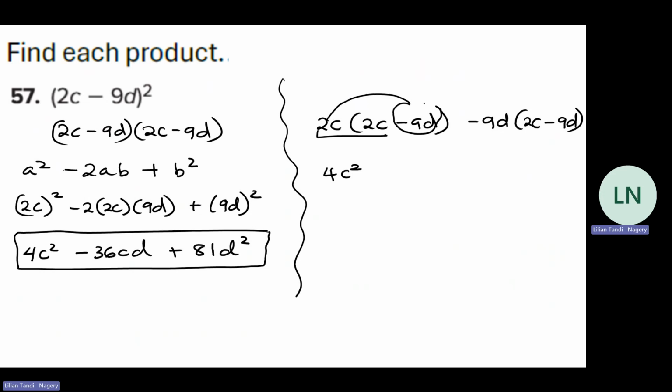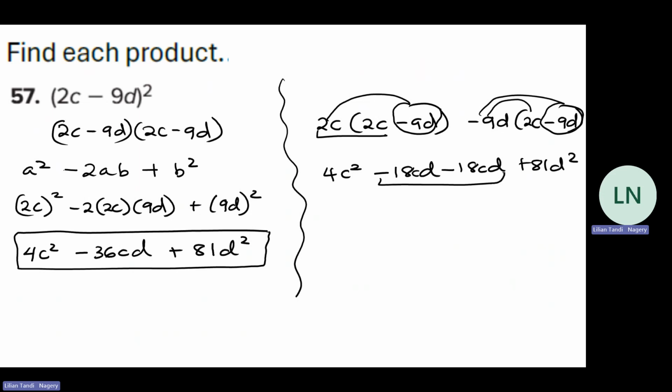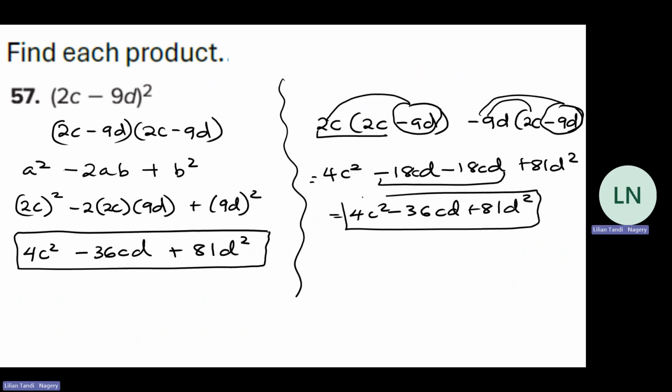This and this becomes negative 18cd, not just d, cd, because there's a c over here. And that becomes positive 81d squared. And because these are like terms, they become negative 36cd, and you bring down 4c squared and positive 81d squared. Do whichever method is easier for you.